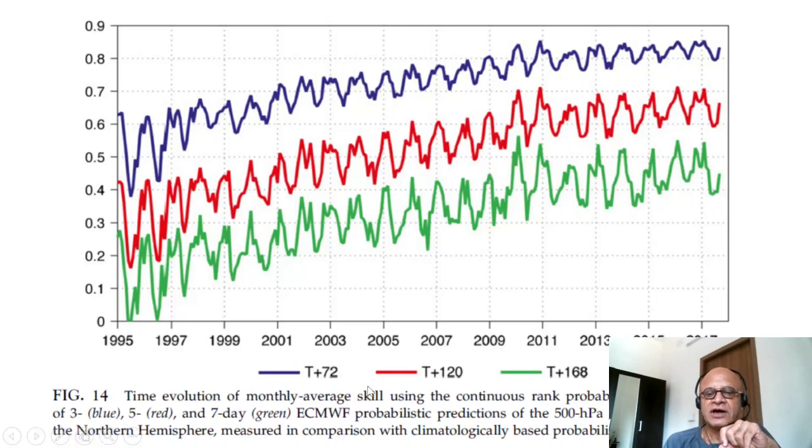So we are looking at 3, 5, and 7-day forecasts here, and the time evolution of monthly average skill using the continuous ranked probability skill score, what is called CRPSS in short, for 3, 5, and 7-day ECMWF probabilistic predictions of the 500 hectopascal geopotential height, which is a good indicator for mid-latitude circulation anomalies in the lower atmosphere weather. So this is for the northern hemisphere, and this is measured in comparison with climatologically based probabilistic information.